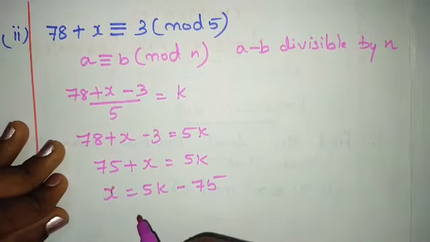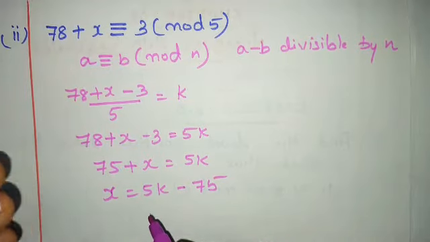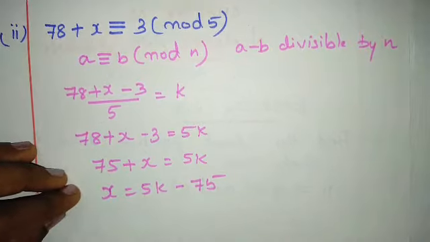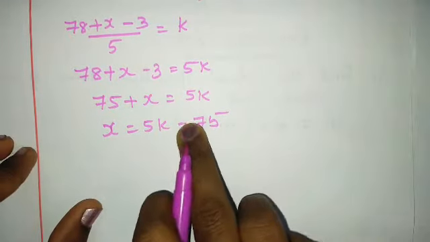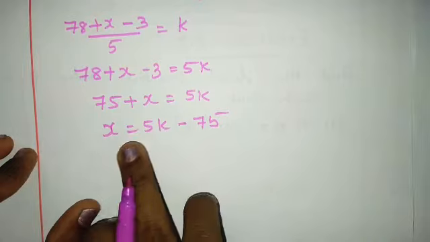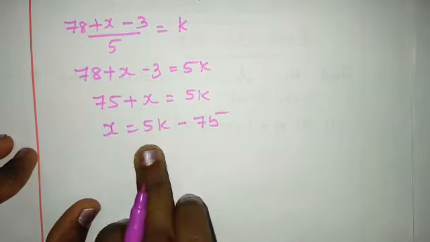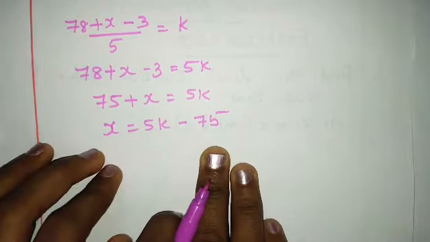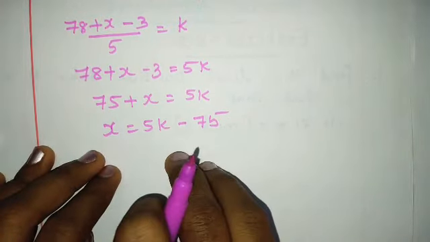Now we'll take k as 15. If you take k as 15, what happens? It becomes 75, right? 15 into 5 is 75. So 75 minus 75 is 0. So you're not supposed to take that. You want the least positive number, right?